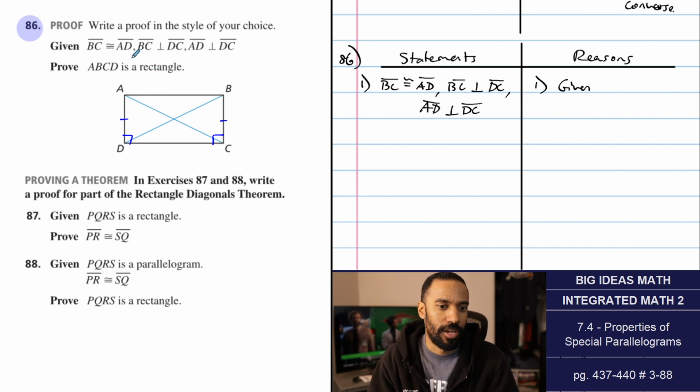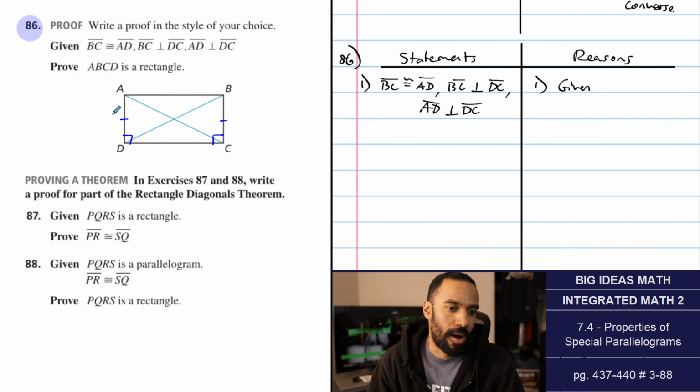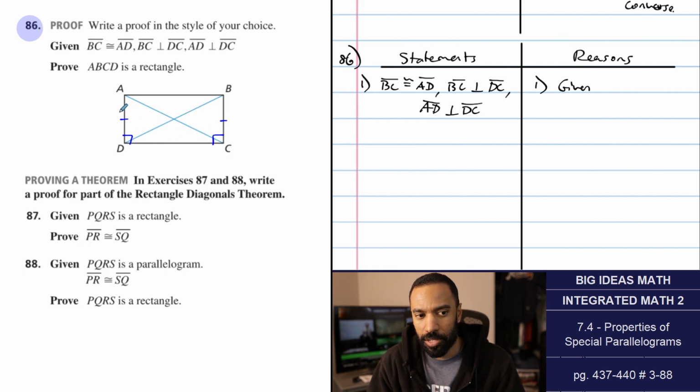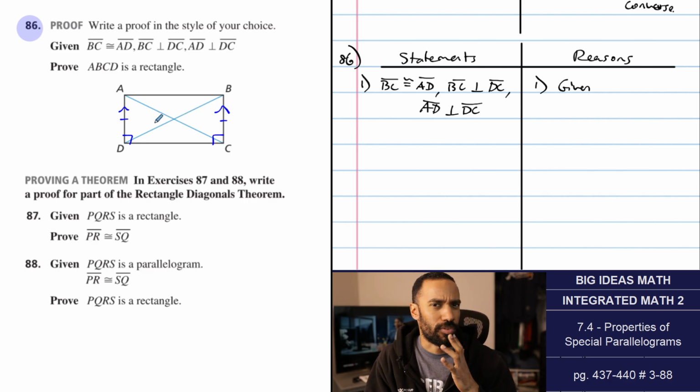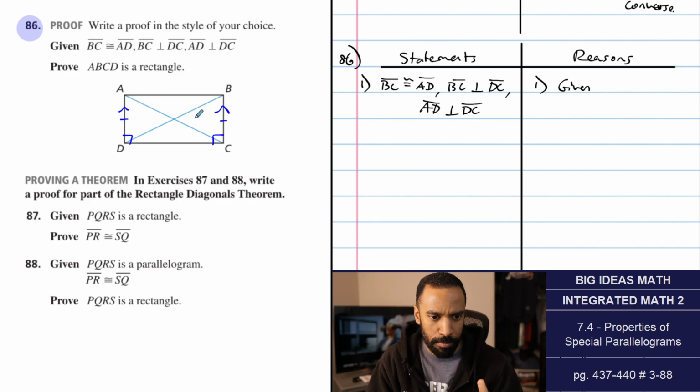Prove it's a rectangle. I'm very much in the camp of wanting to use, if these are both right angles, they're also supplementary to each other, the 90-degree things. And then it's the converse of the same side interior angle theorem, basically. That would make these lines parallel. And then we can use this from section 7.3. It's a parallelogram based on this thing, and it's a right angle based on that.